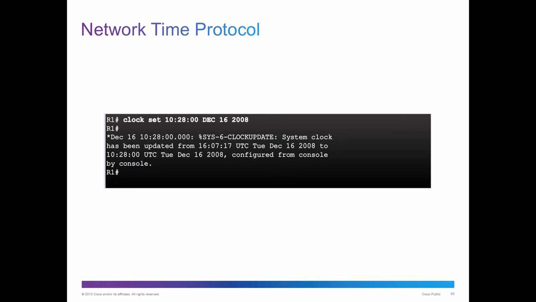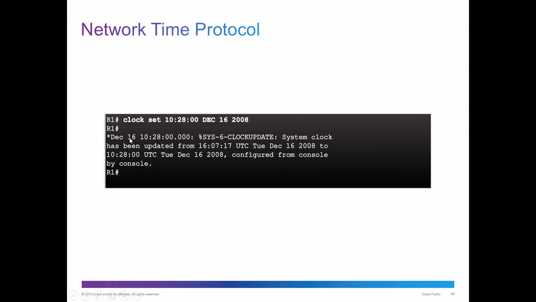So you'll have a master router that's going to tell all the other routers, you're going to take my time, I have the timer, and everybody's going to synchronize with me. I am the master timer. So make sure that everybody is in sync.